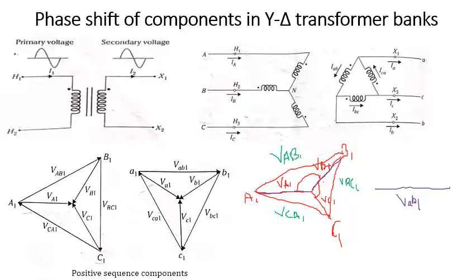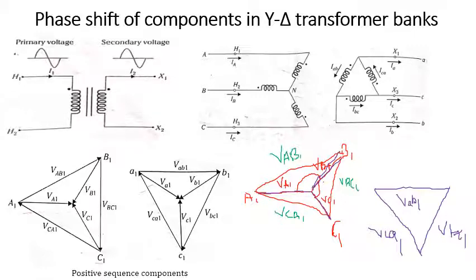So in this way we need to write. Here we are writing VBC1. Similarly, VC1 is the same as VCA1.